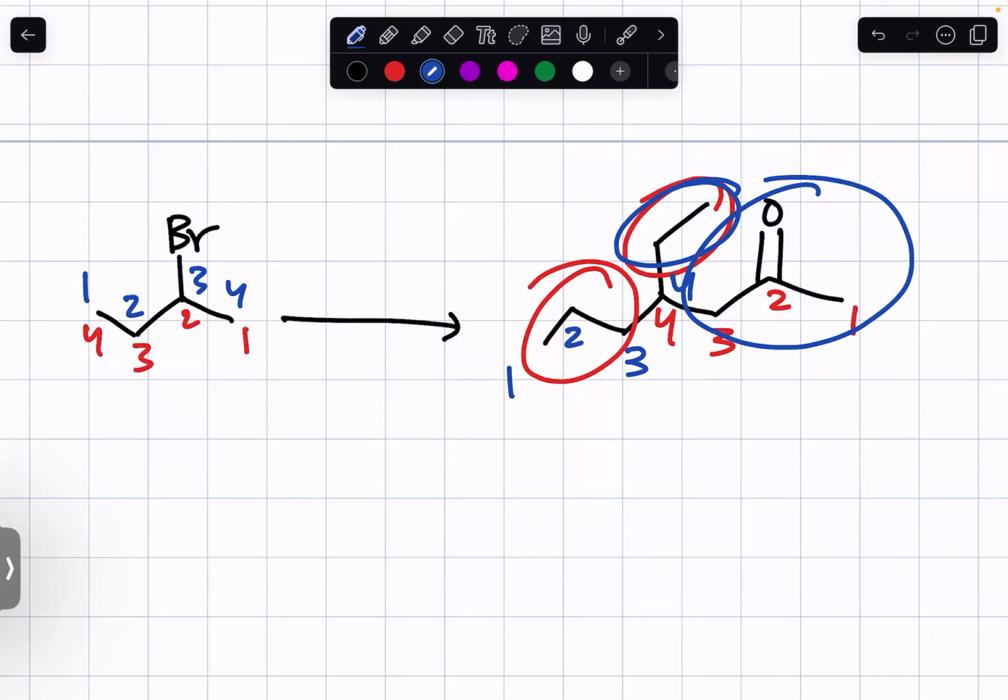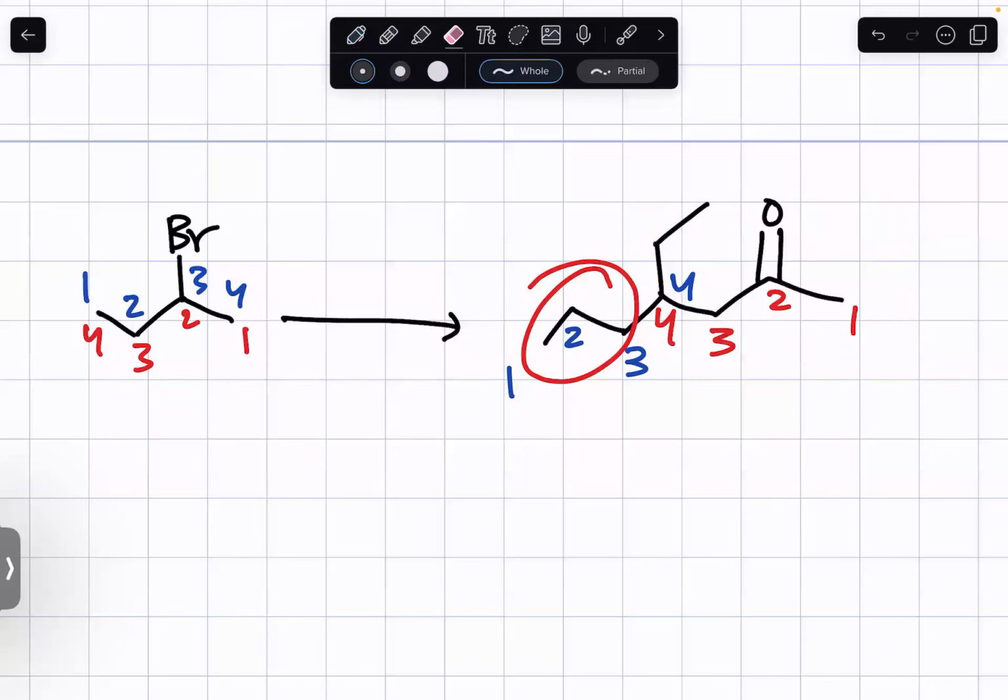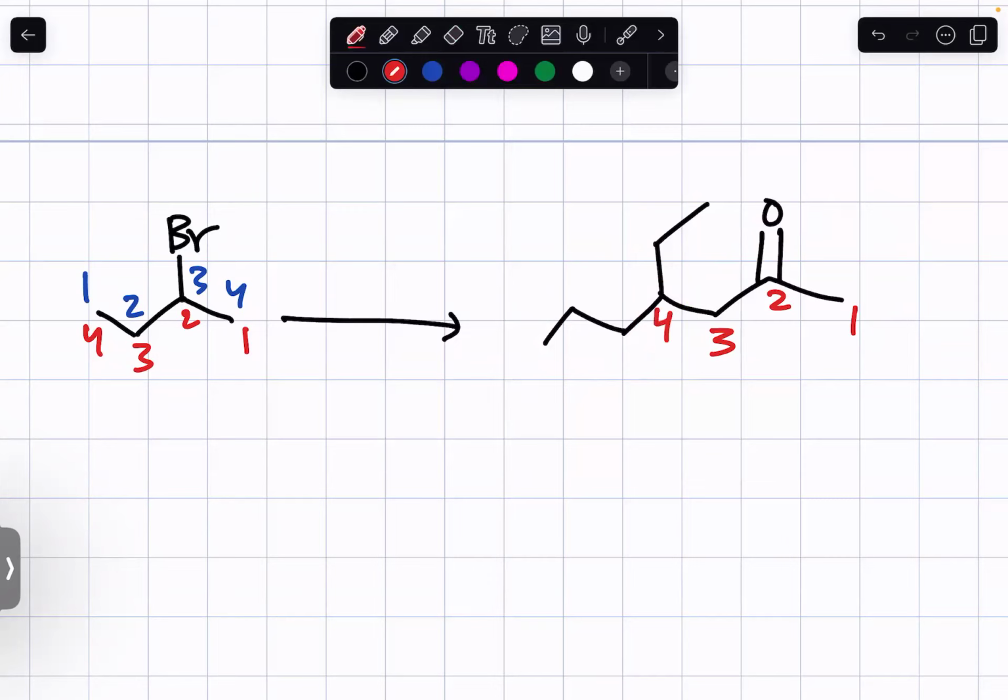Well, first I was looking at the end product and I saw that the ethyl substituent is 1,4 away. Oh wait, hold on.